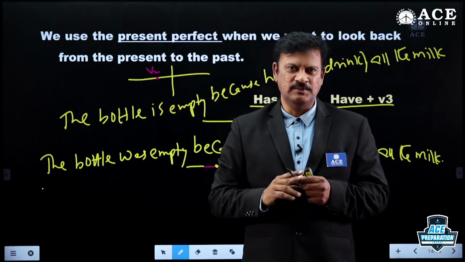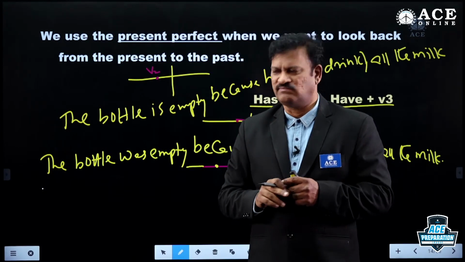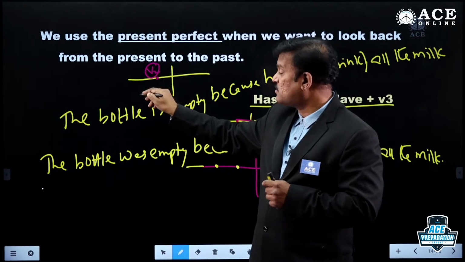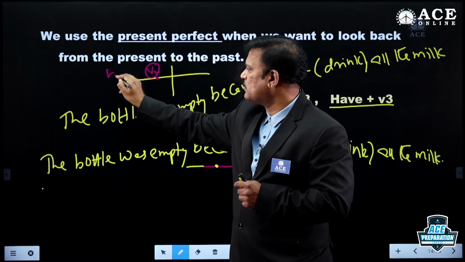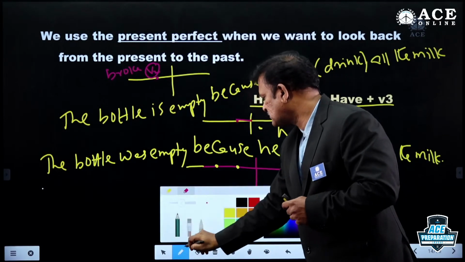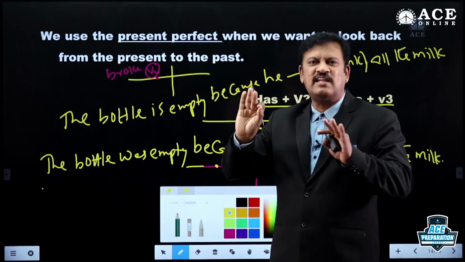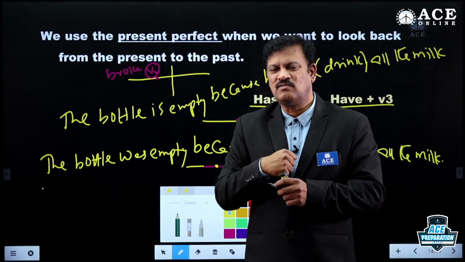Suppose I say, okay, he cut his finger. Or instead of cut, which gets confusing because there is no separate past form, let me put this: he broke. He broke his hand. Somebody fell down and broke his hand. I said yesterday he broke his hand. What is the situation of the hand right now?